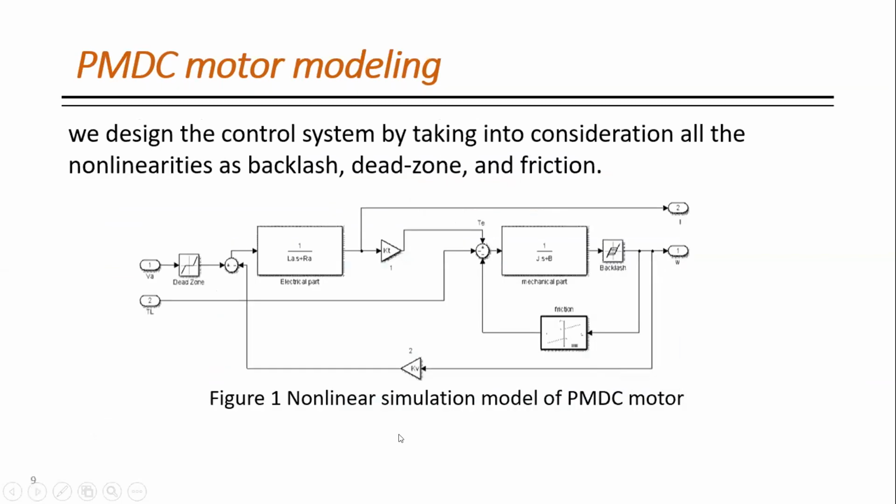The assumption that the nonlinear effects of the system are negligible may result in poor control performance. So we designed the control system by taking into consideration all the nonlinearities as backlash, dead zone, and friction. The simulation model of the system with nonlinearities is presented in the following figure.